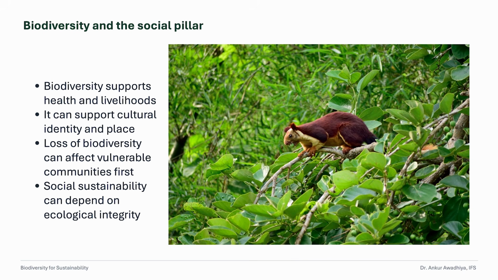In many regions, vulnerable communities depend most directly on local ecosystems. And that is why biodiversity loss often affects them first and most severely. Social sustainability can therefore depend on ecological integrity and biodiversity. They are very closely intertwined together.